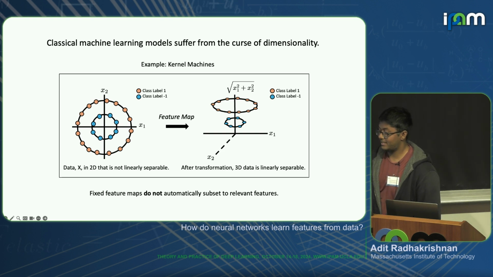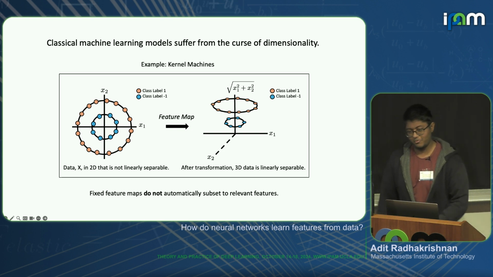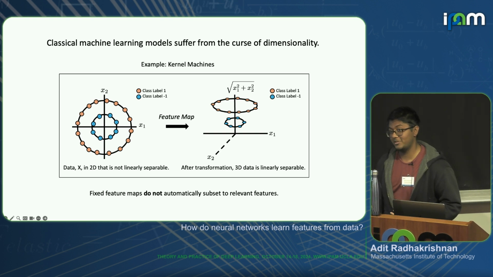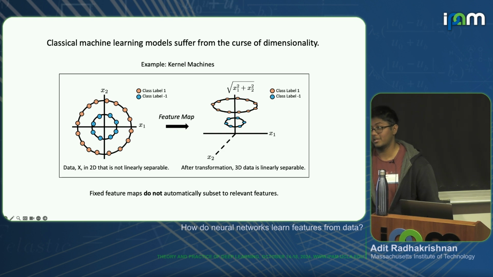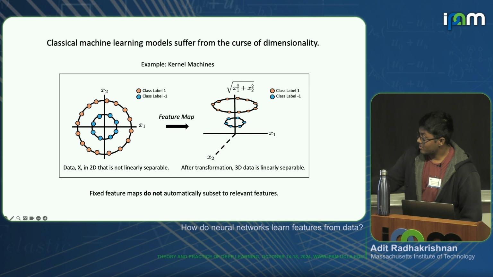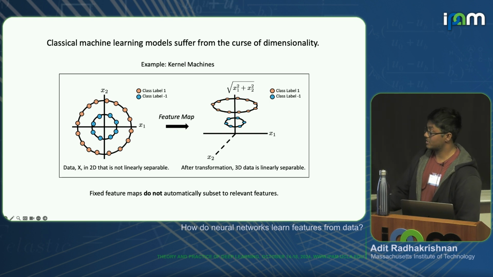The issue here is that we have to select the feature map, and we a priori don't know what features are necessarily important. So for example, on the previous slides, how would I possibly know to construct a feature that just subselects a handful of coordinates or projects onto this?